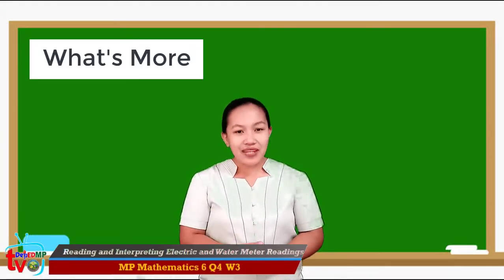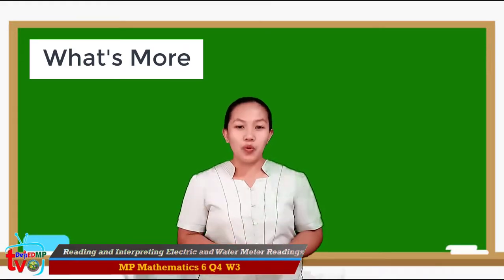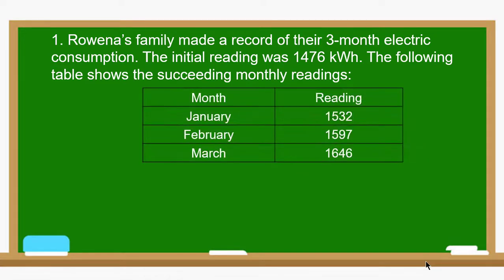This time, let's answer the activities under What's More. Rowena's family made a record of their 3-month electric consumption. The initial reading was 1,476 kilowatt-hour. The following table shows the succeeding monthly readings.